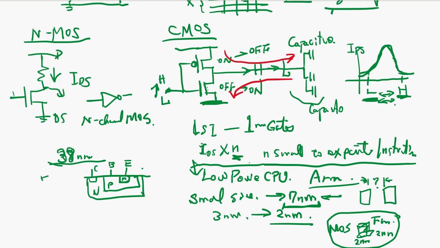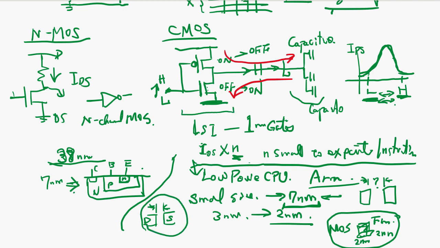If you try to make a 7 nanometer bipolar, this is quite a challenge. But with MOS, only the surface matters, and you can make a very small width between drain and source. So in this sense, MOS has the advantage of shrinking the size, and CMOS has the advantage of reducing power.